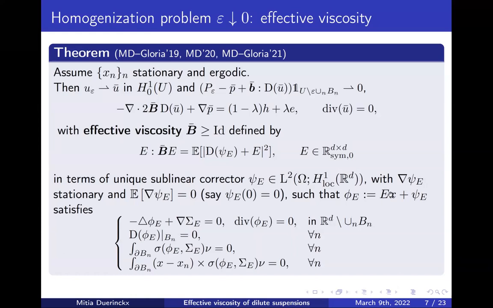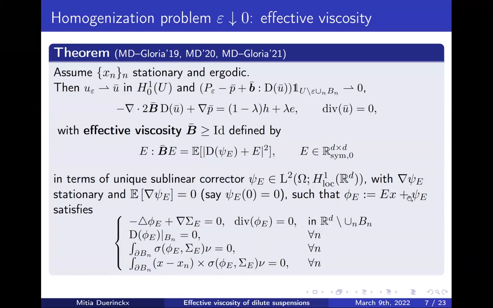And so now you define the corrector as exactly being the thing you need to add to this linear coordinate in order to have the Stokes equation in the whole domain together with the rigidity constraint. Right? So psi is the correction you need to add to linear coordinates to satisfy your constraint in the whole space.